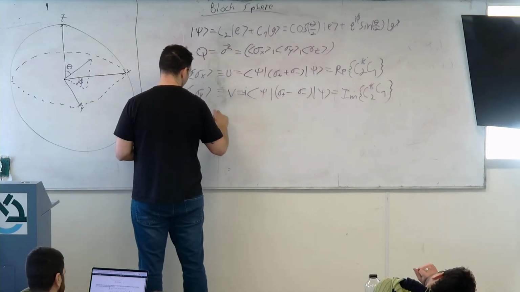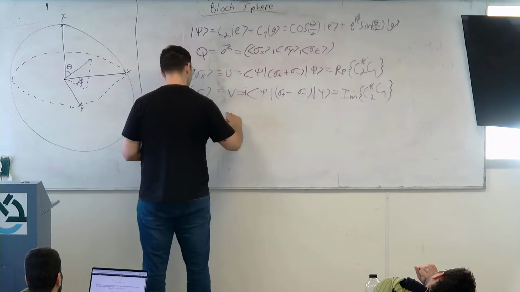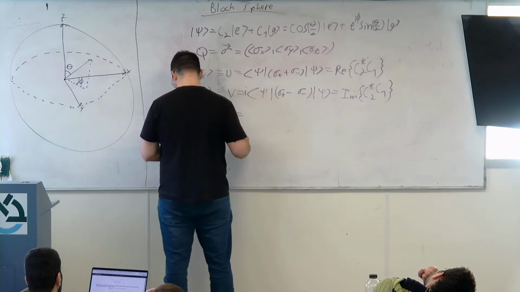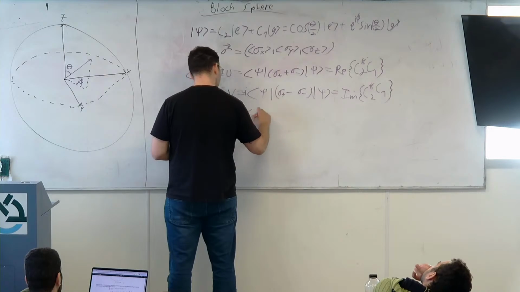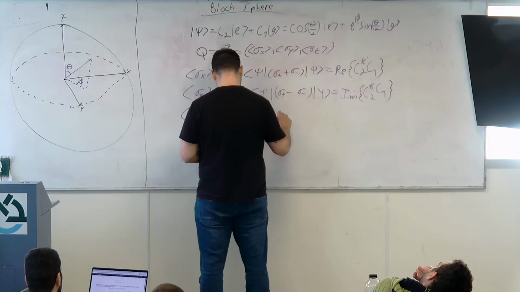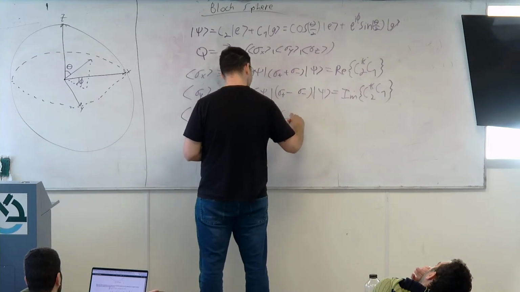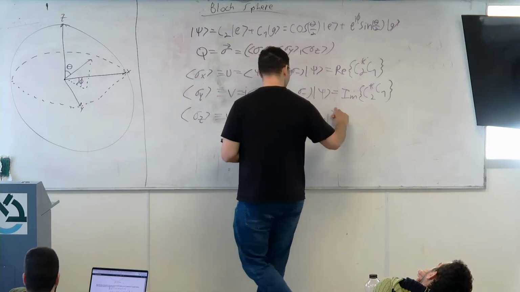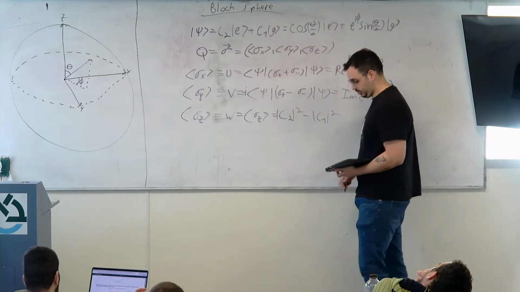Sigma z value, find the w, which would just be the absolute value of C2 squared minus the absolute value of C1 squared, basically the difference of occupation.